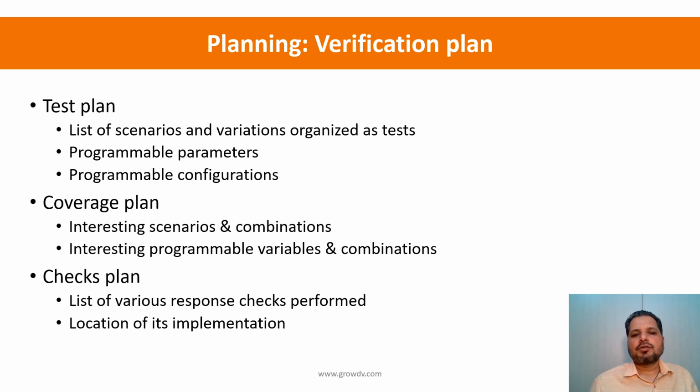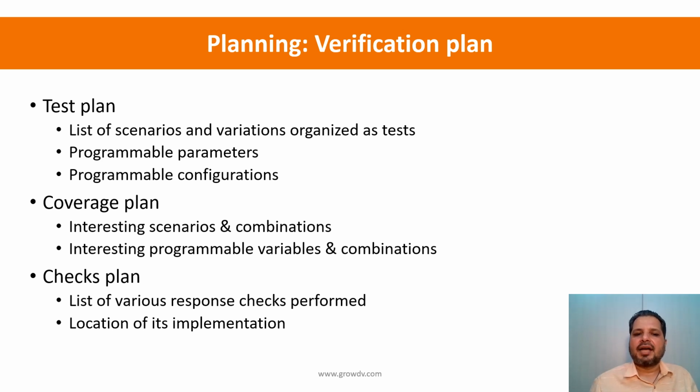And in the coverage plan, when I say coverage plan over here, I am referring to the functional coverage plan, and we will look into more details about these coverage metrics further as a part of this course. But in the coverage plan, we need to capture some of the scenarios which are of key interest to the overall requirements of the particular design, and any key combinations of the programmable parameters.